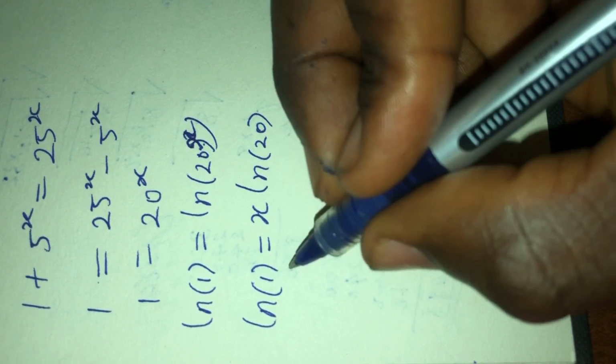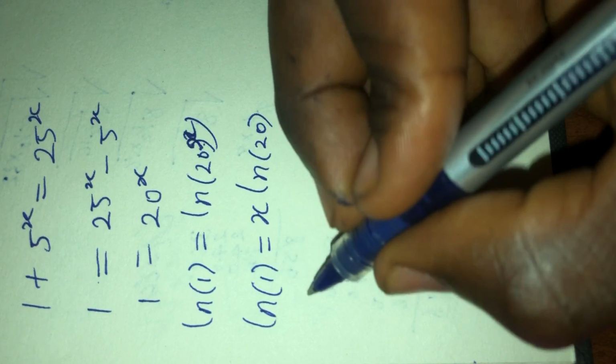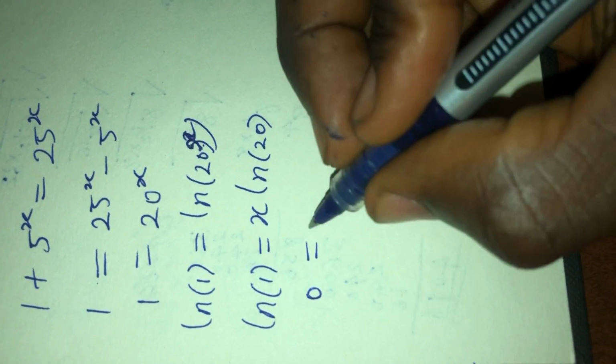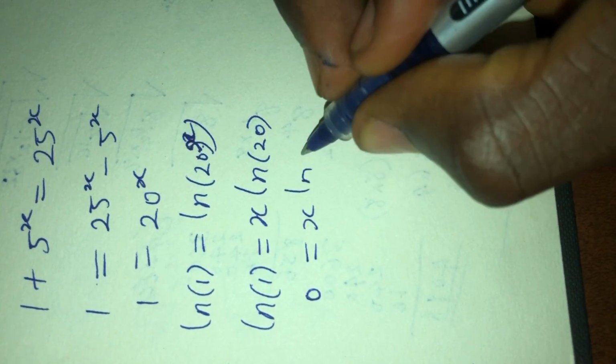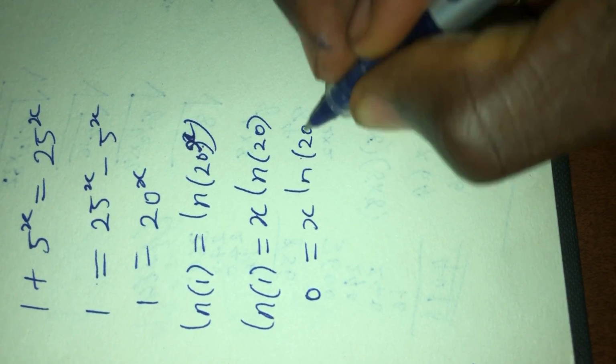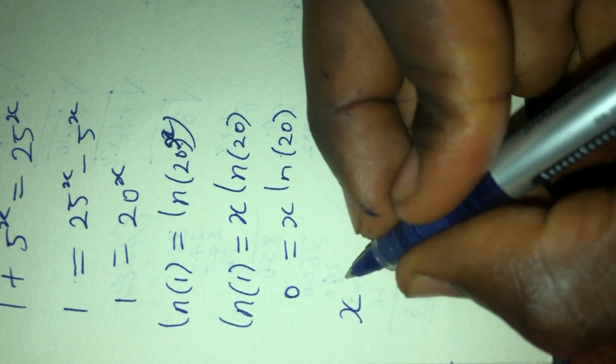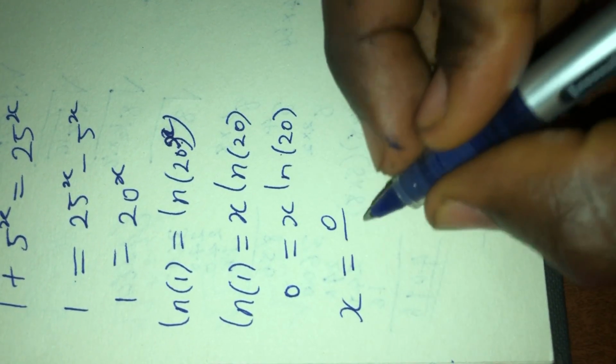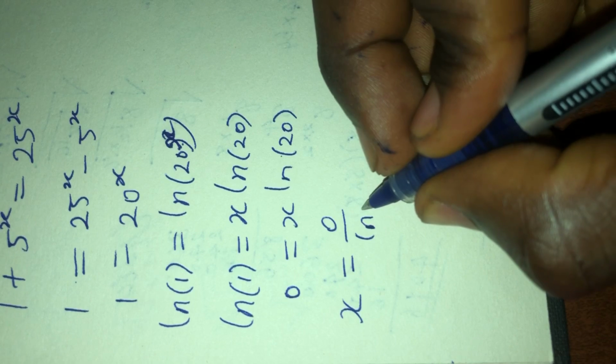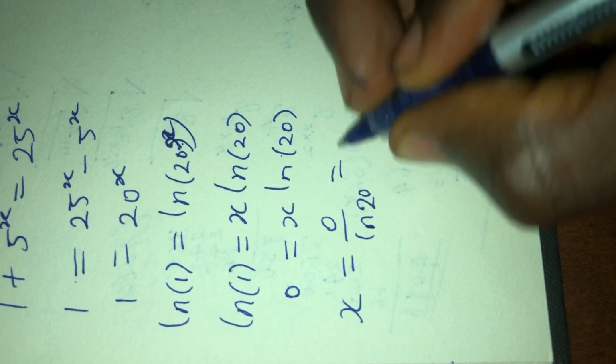From here we find out that ln 1 is equal to 0, is equal to x ln 20, and x is equal to 0 divided by ln 20, which is equal to 0.